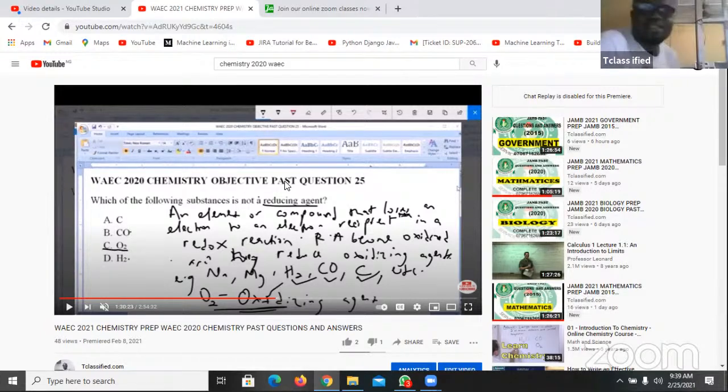Oxygen is not a reducing agent. It's an oxidizing agent. In fact, it's the number one oxidizing agent, then followed by the halogens, which are also oxidizing agents. So oxygen cannot be a reducing agent, and that's why oxygen is the answer here, because we know that oxygen is an oxidizing agent.